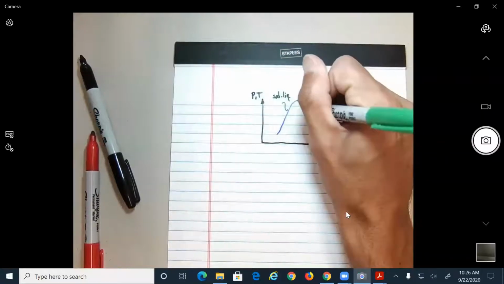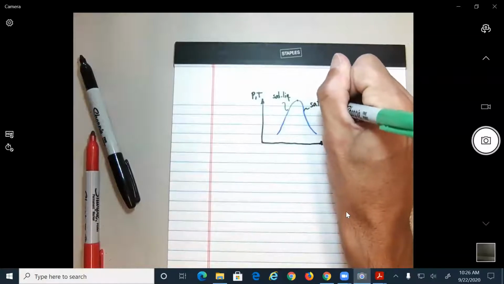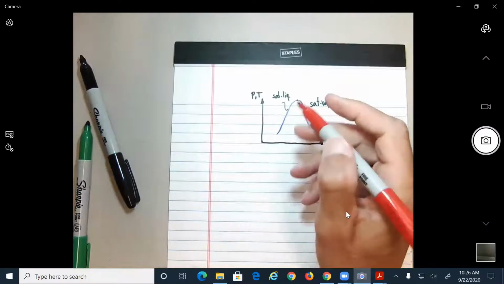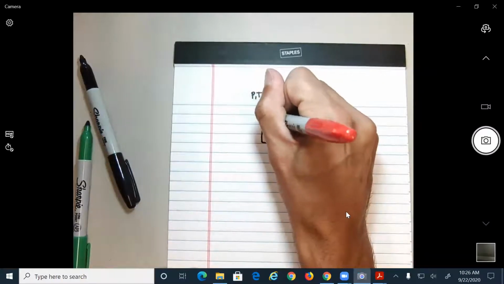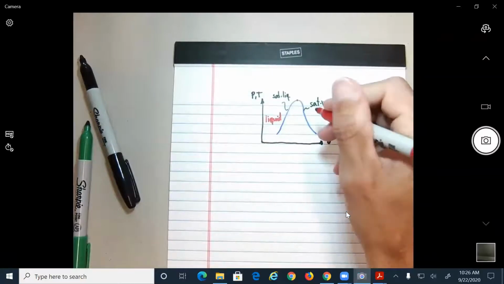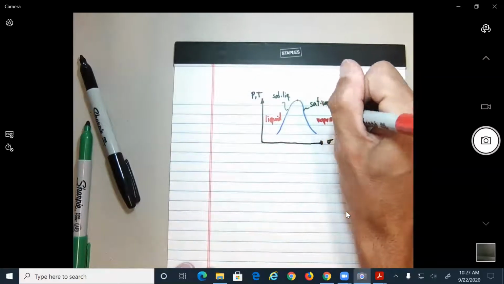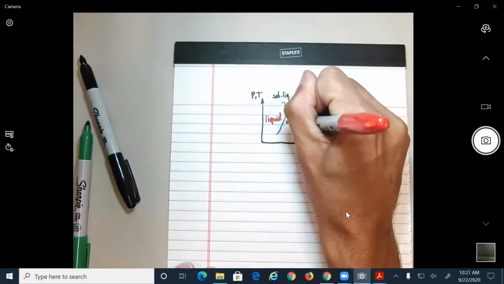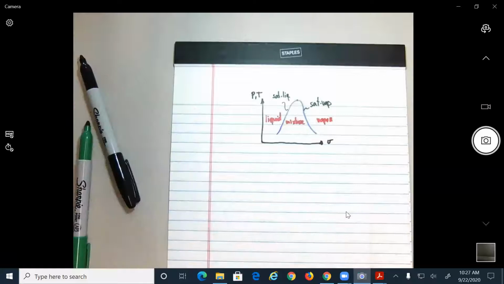Okay? So on the left-hand side of this curve, the state of the substance should be liquid. On the right-hand side should be vapor. And right in the middle is a mixture. A mixture means that some of it is going to be gas, some of it is going to be water.